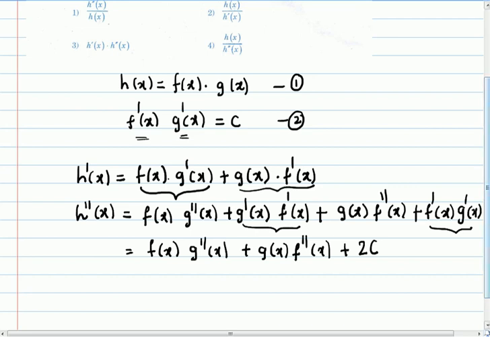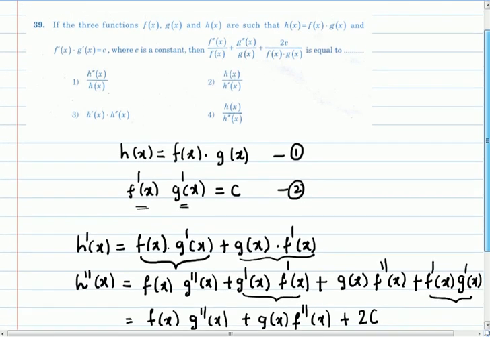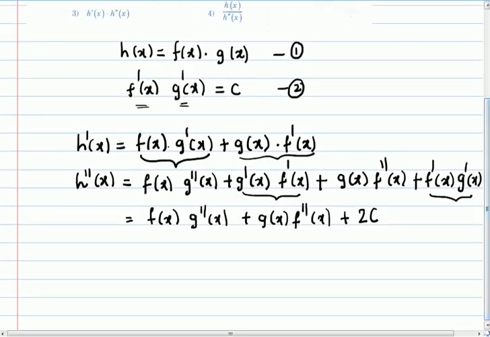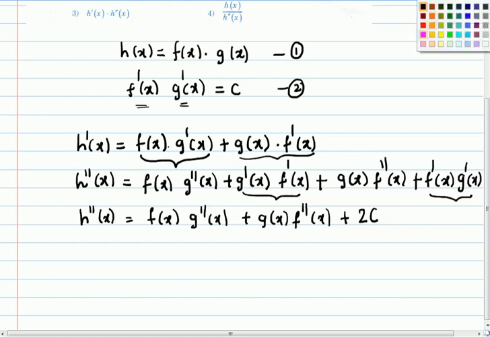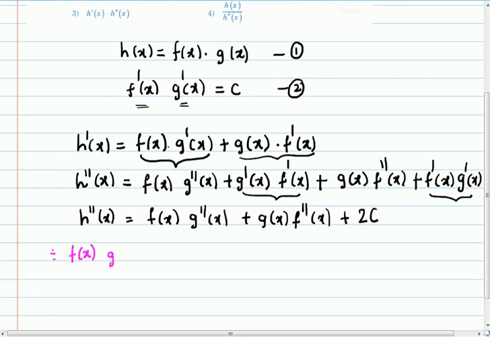Now if you observe carefully from the question, it is divided by f of x, g of x. I repeat, divided by f of x and g of x. Hence let me divide the LHS and RHS by f of x and g of x.